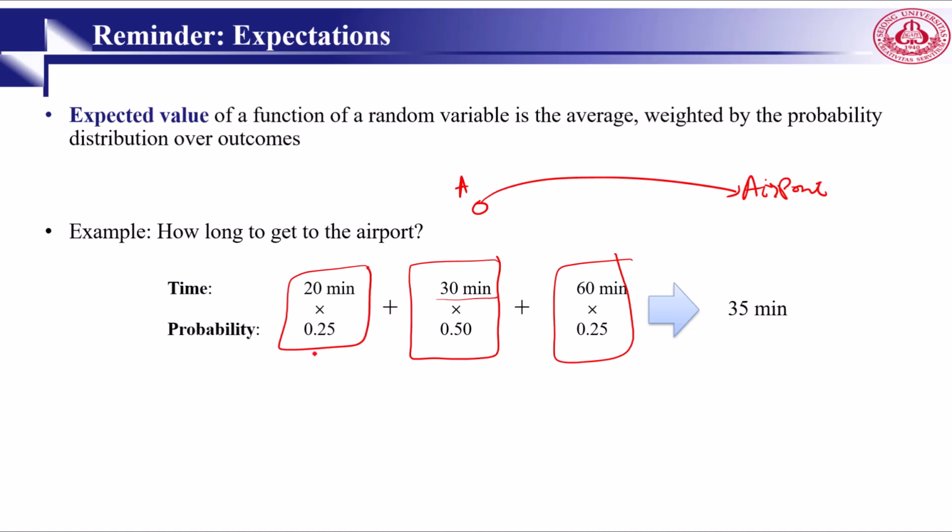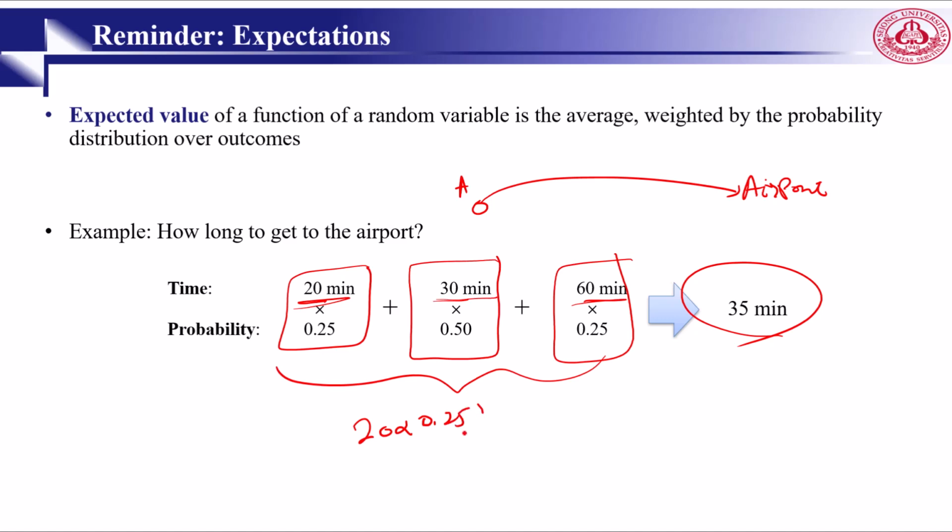If there is no traffic, it takes 20 minutes. If it is light traffic, it takes 30 minutes. If it is heavy traffic, it takes 60 minutes. On average, how long does it take to get to the airport, regardless of knowing the condition of the traffic? 35 minutes. How do we find this? 20 multiplied by 0.25 plus 30 multiplied by 0.5 plus 60 multiplied by 0.25 is equal to 35.